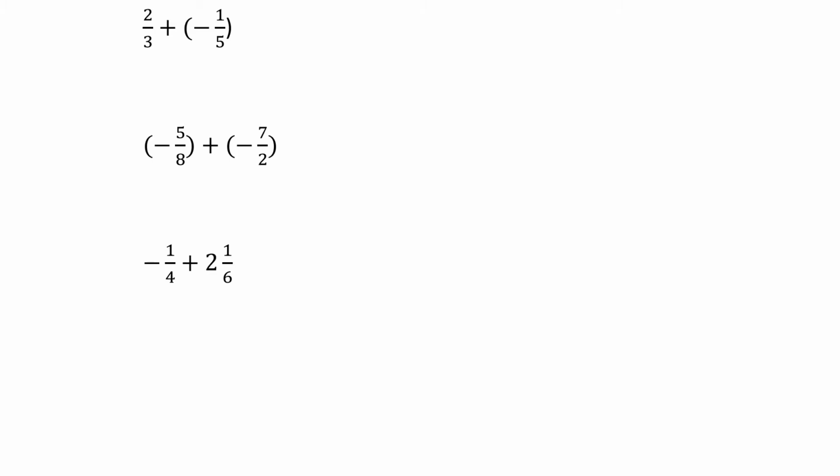Okay, so same thing, I'm going to take my 2/3, multiply by 5, so that's going to be 10/15, and -1/5 multiplied by 3 is going to be -3/15.